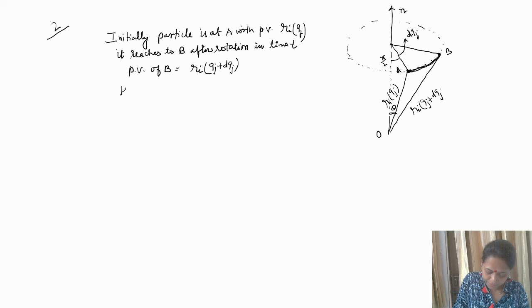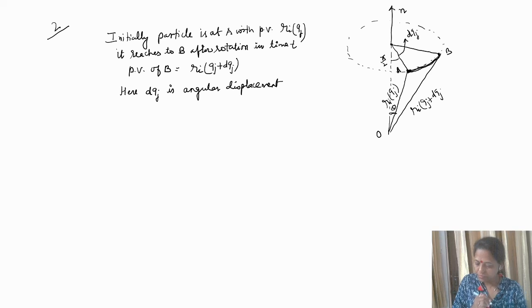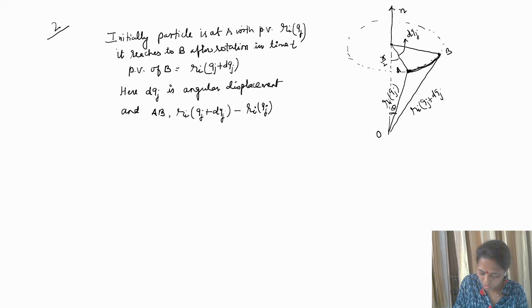Here dqj is the angular displacement and AB, which you can write as Ri(qj plus dqj) minus Ri(qj).